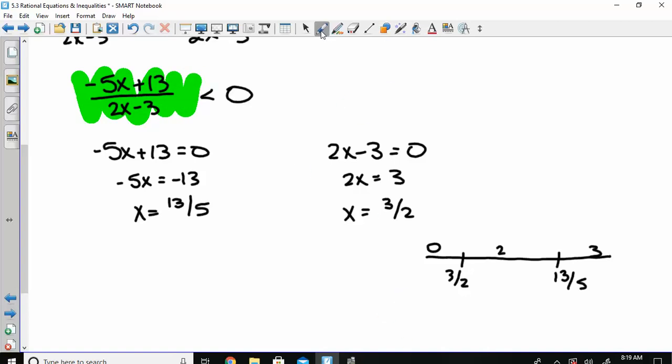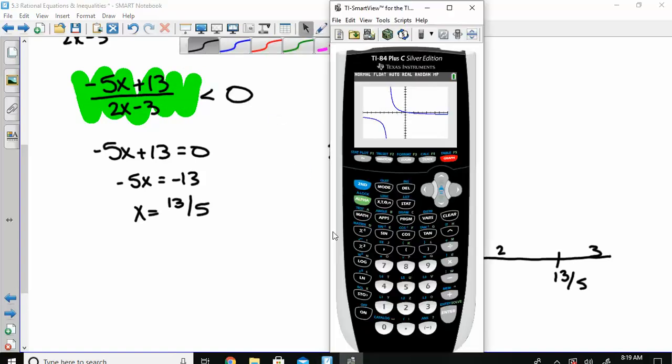So if I graphed that, I can see it starts out negative because it's below, then it goes to positive, and then negative.